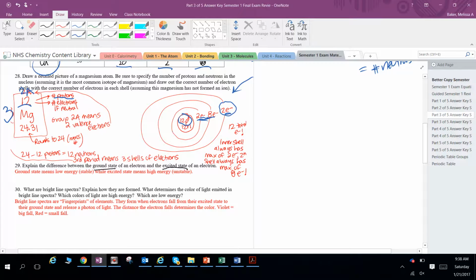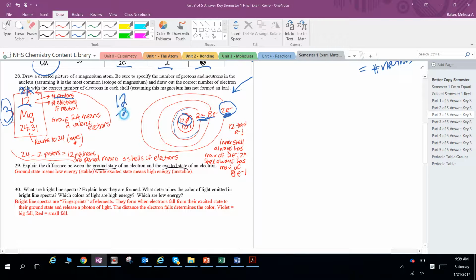We also know that it has 12 electrons, assuming that it's neutral, which you should, unless someone tells you differently. So we're going to need to put 12 electrons somewhere, and the 3 from the period number tells us that there's 3 shells. So I started by drawing the 3 shells and automatically putting a 2 in the outermost shell.